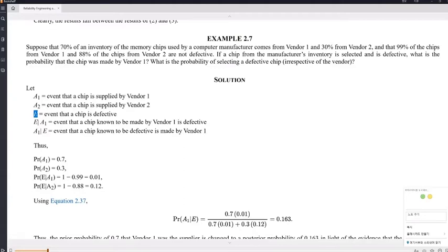So what does this mean? The probability of the event E happens given A1. That is, the event E, defective, given it was provided by vendor 1.